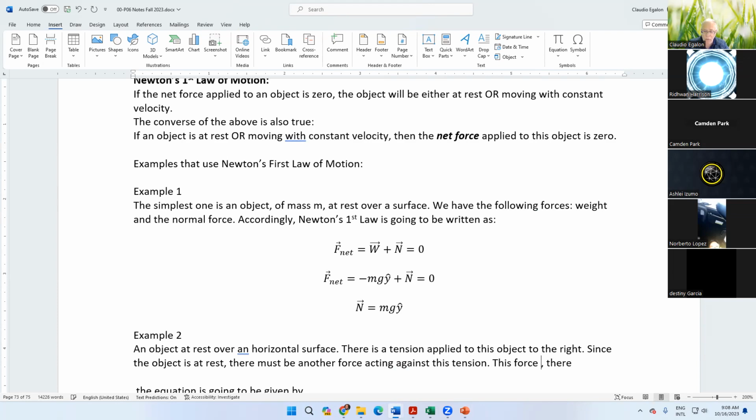This force is the force of friction, specifically the force of static friction, F sub s.